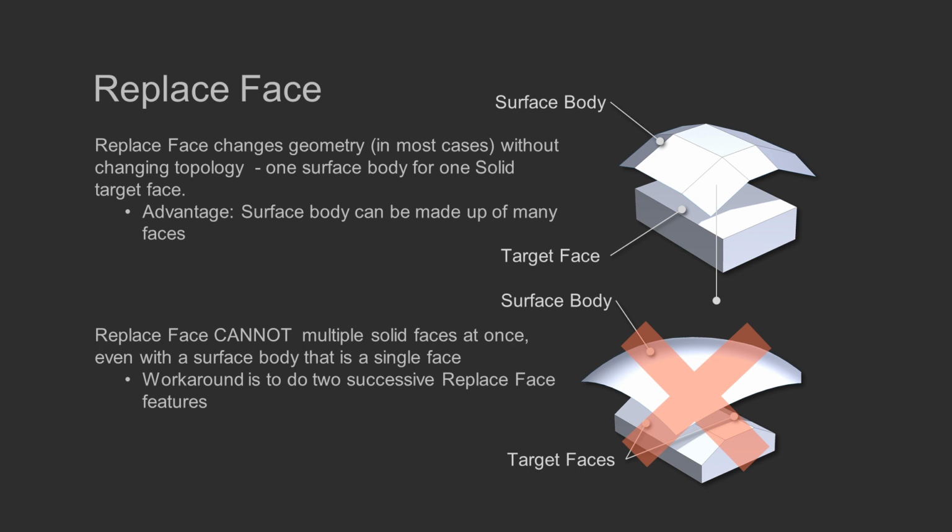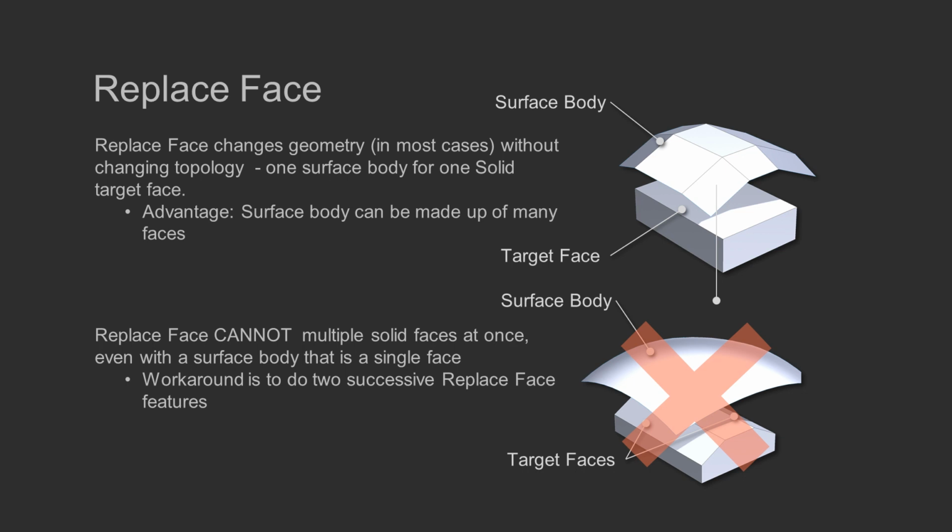When you do that, you're not changing the topology because you're just substituting one face for another. Now, the caveat in that's quite interesting and actually an advantage is that that surface body could be made up of more than one face. It could have multiple geometry in it and still replace the one face of the model.